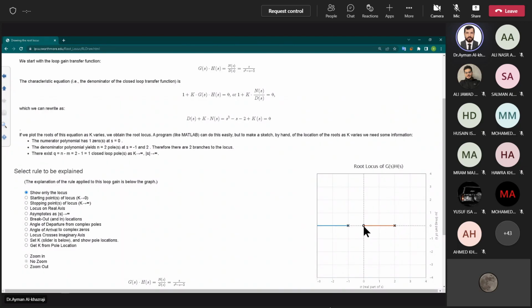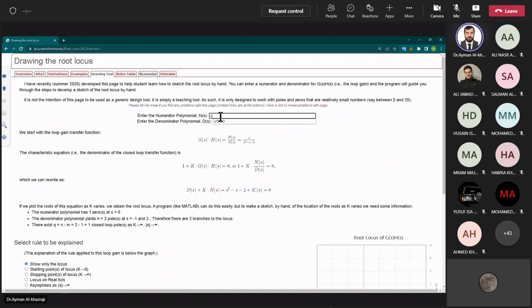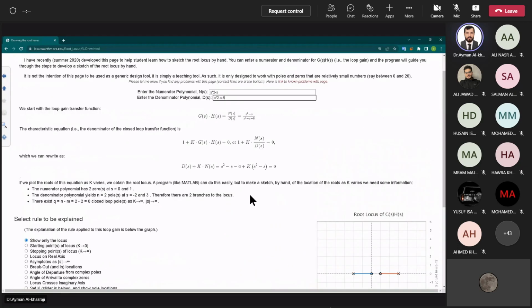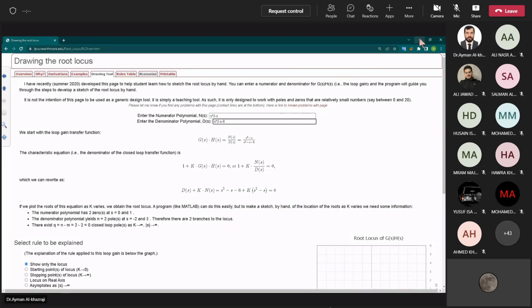It will be with this one point at infinity, at k infinity. You go and you change this. You make it S square minus S minus 5, or whatever, you just click enter here, you will see the possible solution. That's done.